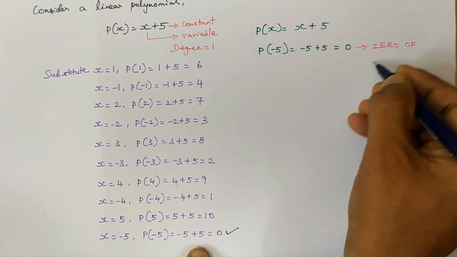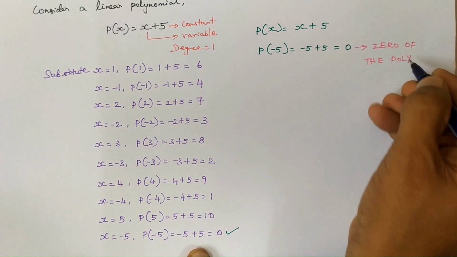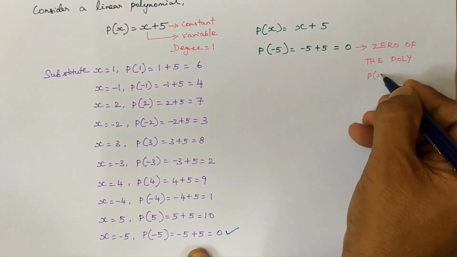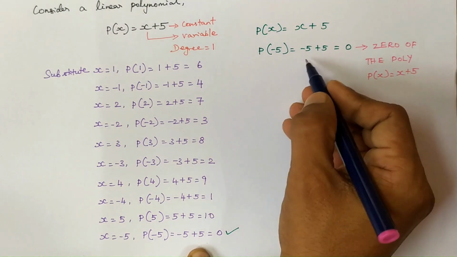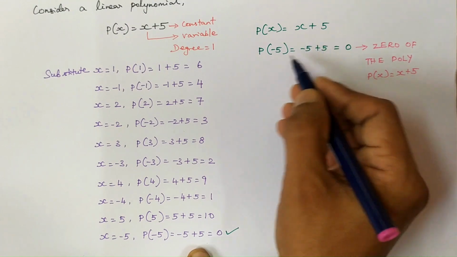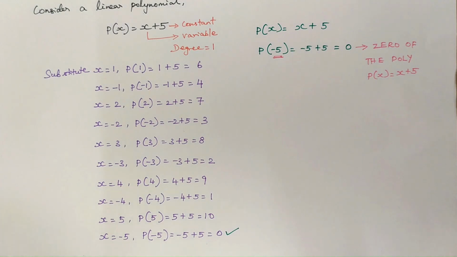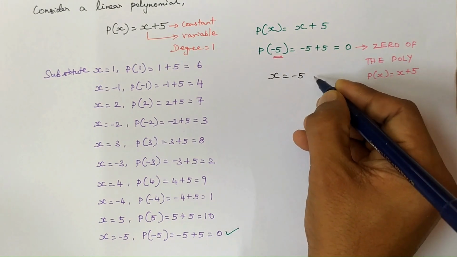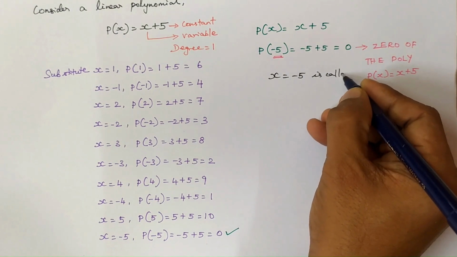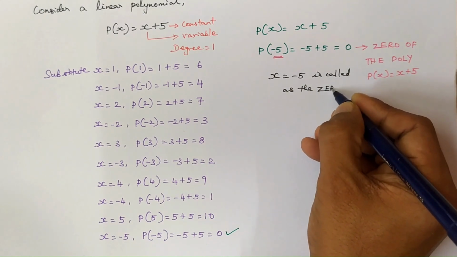For the polynomial p of x is equal to x plus 5, minus 5 is the zero. This x is equal to minus 5 is the point where p of x is equal to 0. So x is equal to minus 5 is called the zero of the polynomial.